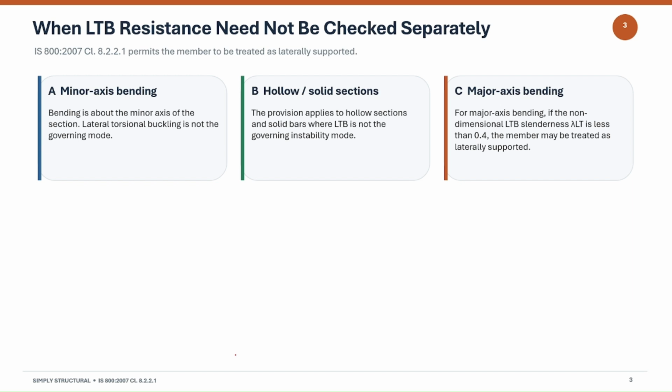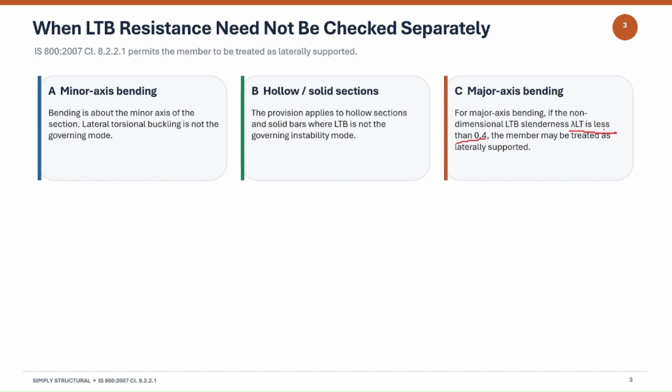Now, if you have watched my video on lateral torsional buckling, you already know that lateral torsional buckling is caused by major axis bending. Even then, the code says to ignore it when the slenderness ratio λLT is less than 0.4.